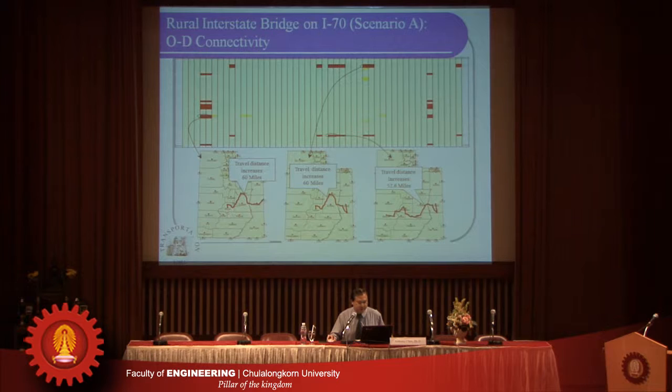They have to take a detour, and the detour is a 60-mile increase compared to the original one, okay? And this one from here to here has a 52-mile increase, so that you can visualize how one bridge failure affects many different OD pairs in the network.